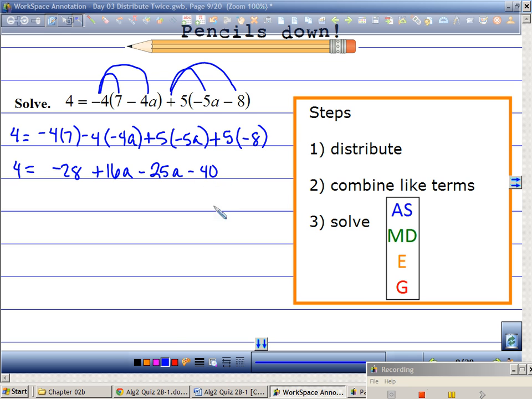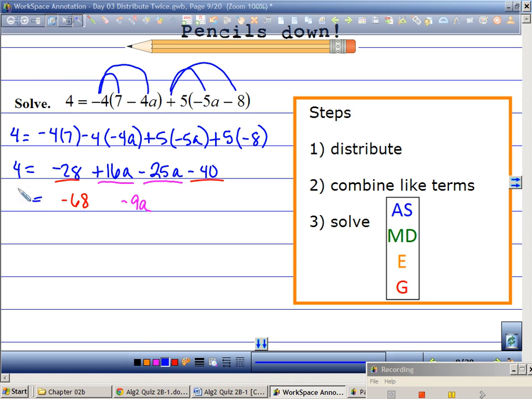And negative 40. Combine like terms, I have 16a's and negative 25a's makes negative 9a's. Then I have negative 28 and negative 40, which makes negative 68 because I combine them.